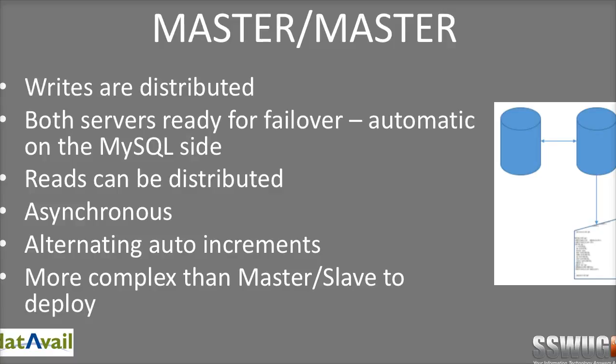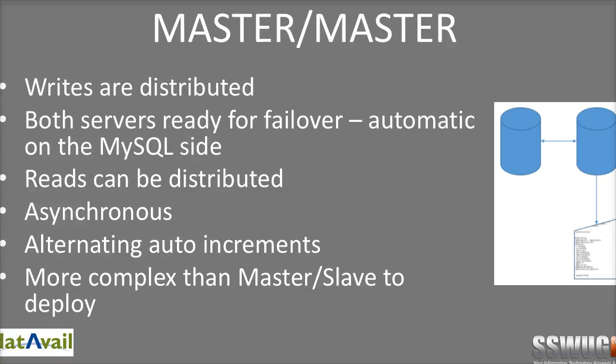So you might have 1, 4, 8, and then 2, 5, 9, that kind of thing, so that you can have more servers in there. It is asynchronous as well.